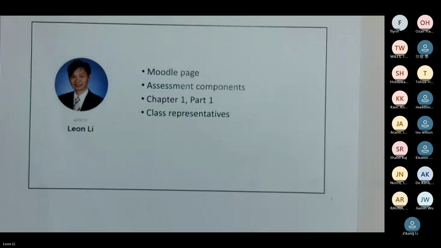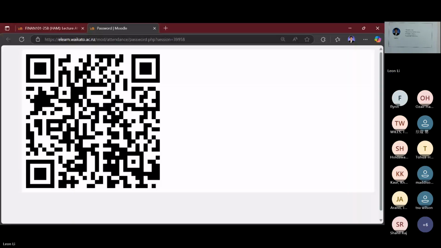Okay, students, you can now use your cell phone to scan the QR code and enter your attendance today. Online students, I also share the QR code screen with you. All right, I hope it can work.